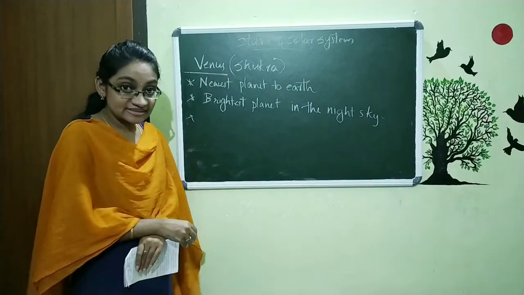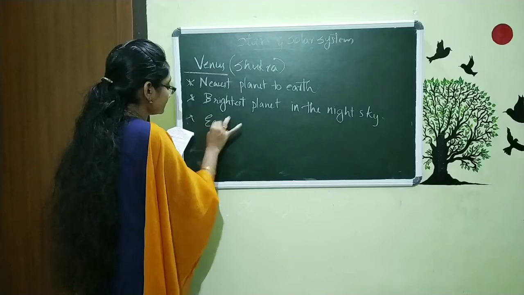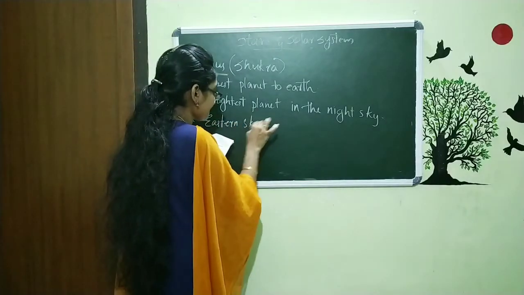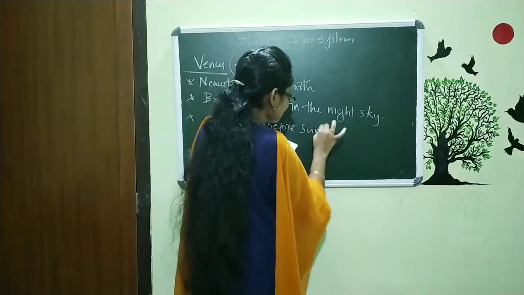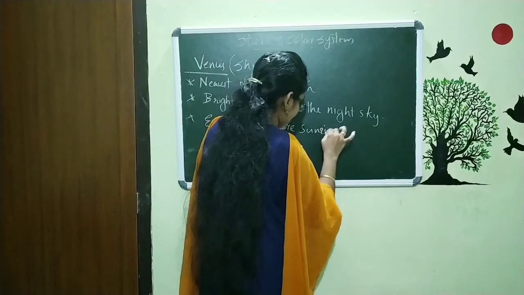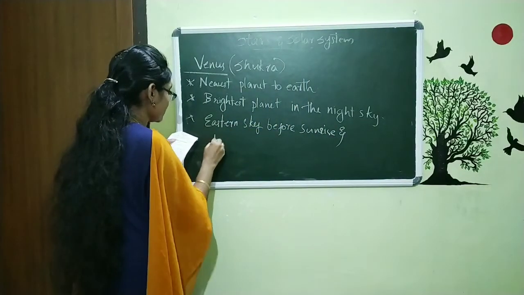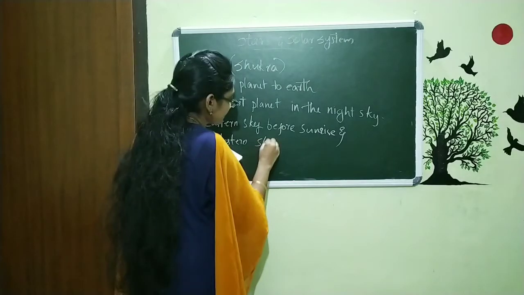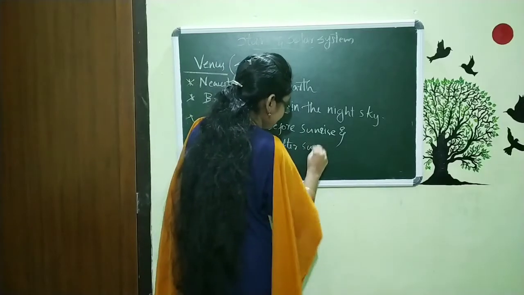And one thing is this sometimes appears in the eastern sky before sunrise, and sometimes appears in the western sky after sunset.